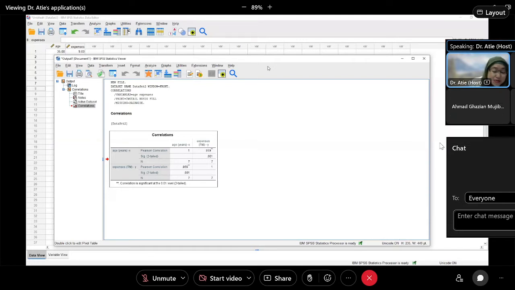So can you please draw your scatter plot? Then I will show you the answer whether your scatter plot is correct or not. Okay, so just try to do the scatter plot first. Okay, please use pencil.